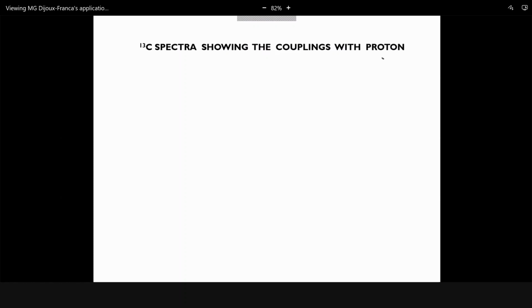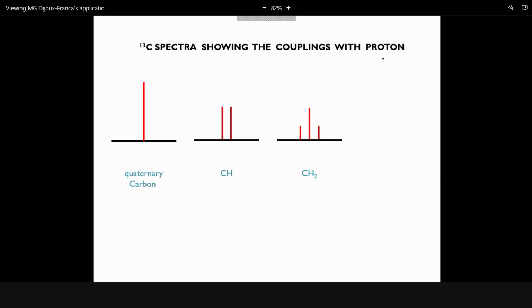So just come back a little bit. This is just to show you that when we have a quaternary carbon, usually at the beginning we have a singlet, a CH a doublet, a CH2 a triplet, and a CH3 a quartet.